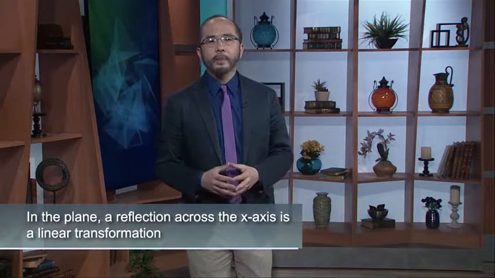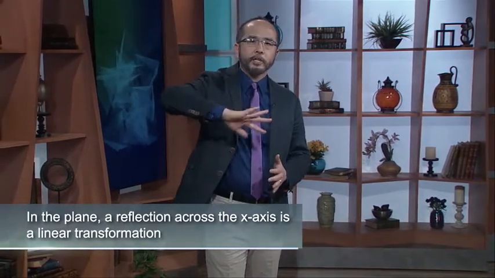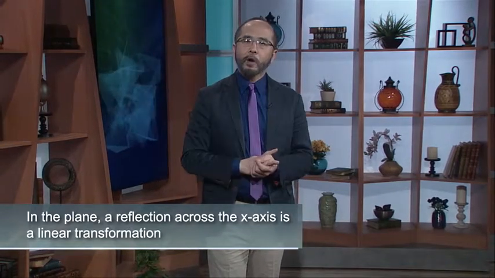In the plane, a reflection across the x-axis is a linear transformation because the linearity properties hold. If I scale a vector and then reflect, that's the same as reflecting, then scaling. And if I add two vectors and then reflect, that's the same as reflecting and then adding the two vectors.